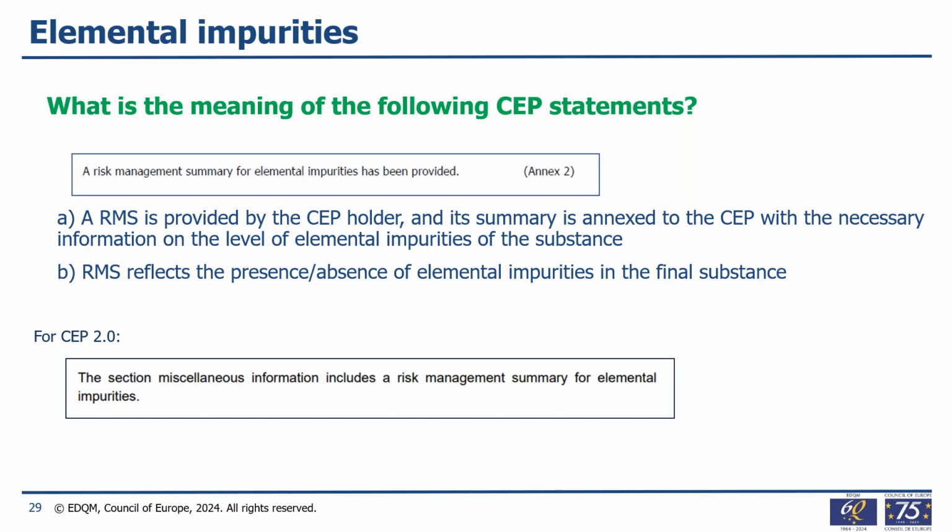This means that in the CEP application, the risk assessment and risk management summary is provided for elemental impurities by the CEP holder, and its summary is annexed to the CEP in line with the EDQM public document for elemental impurities, with the necessary information on the presence and absence of elemental impurities in the final substance and their levels.